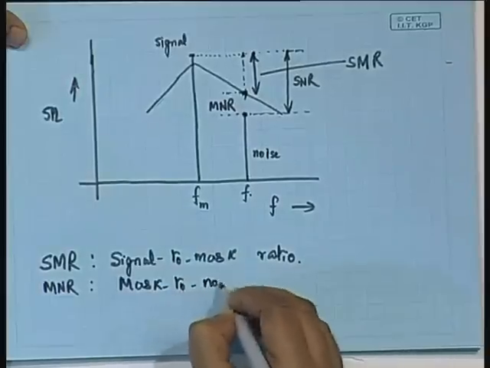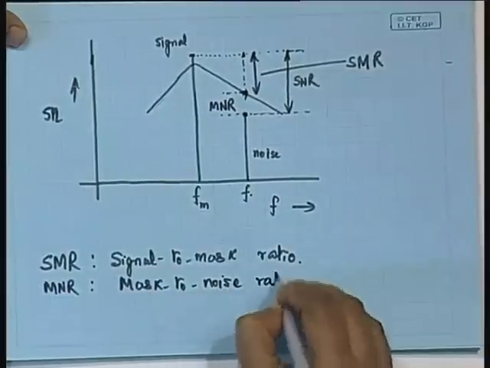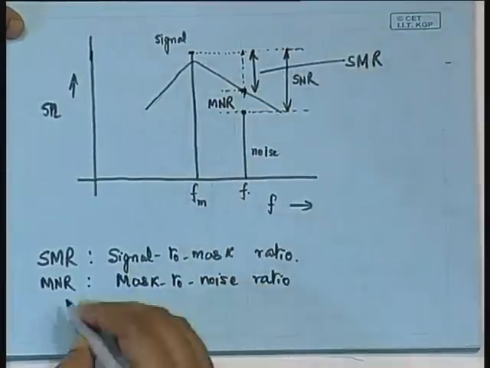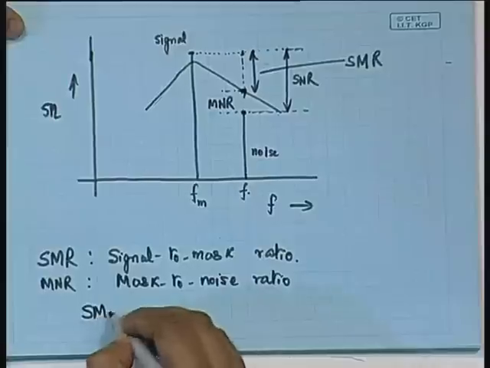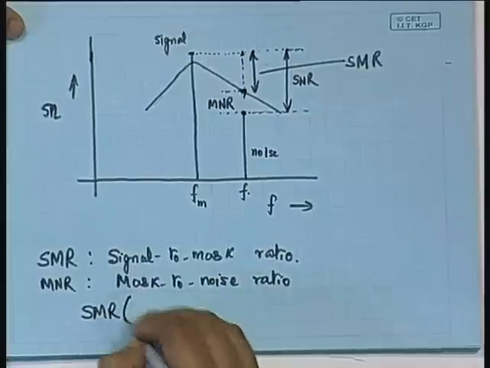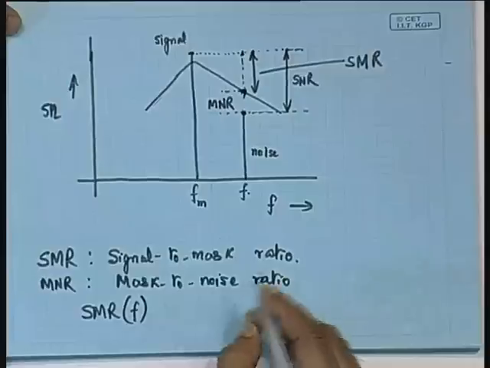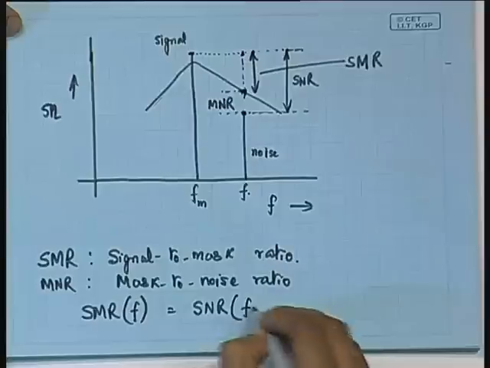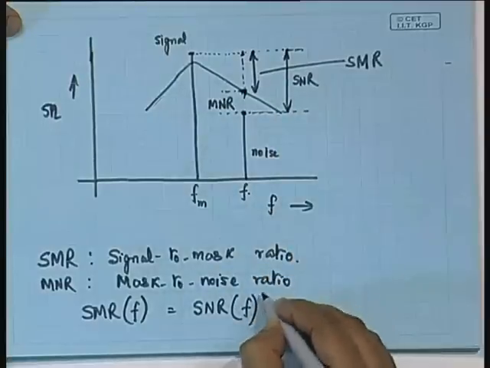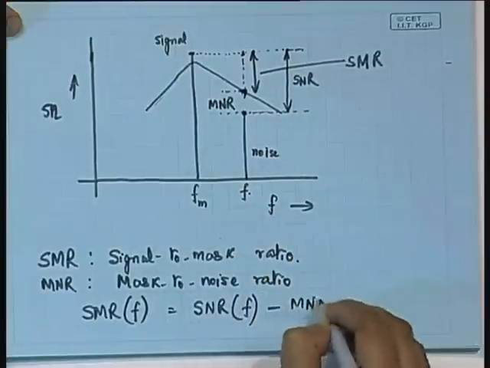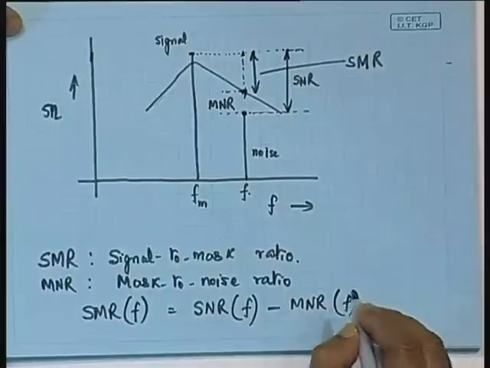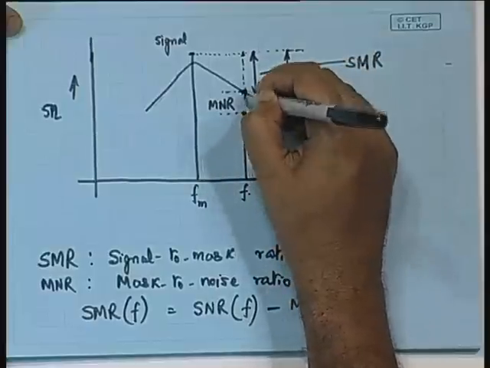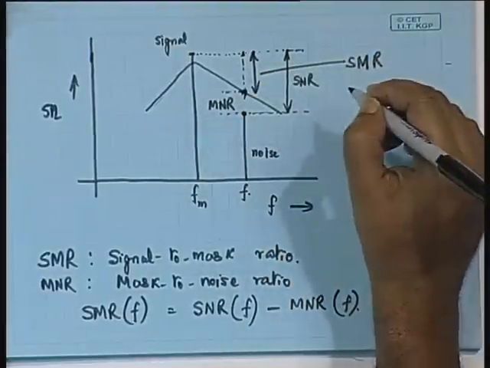All these are customarily expressed in decibels. So, it is very clear that the relationship is that the SMR at the frequency f is expressed as the SNR, the signal to noise ratio at the frequency f, minus the mask to noise ratio at the frequency f. So, SNR minus MNR gives you the SMR.